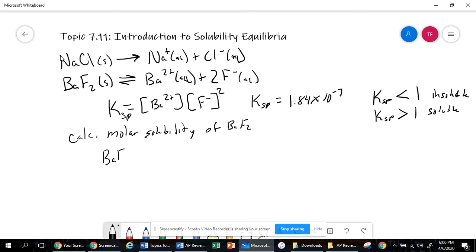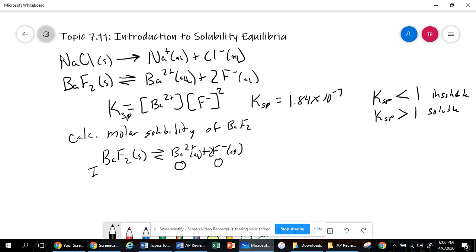So barium fluoride, solid, produces barium ions, which are aqueous, and 2 fluoride ions, which are aqueous. Initially, right when you put some barium fluoride into water, you are going to have 0 molar barium ions and 0 molar fluoride ions. Those are our initial concentrations.